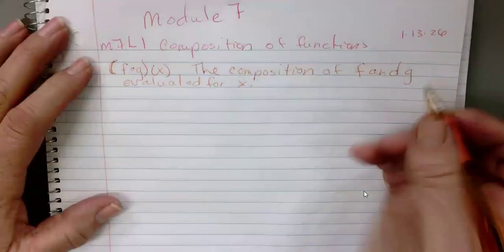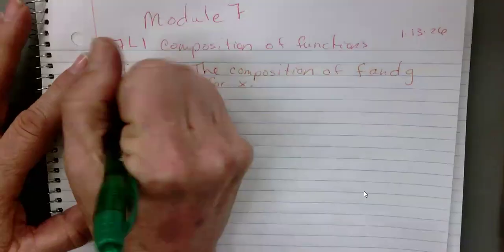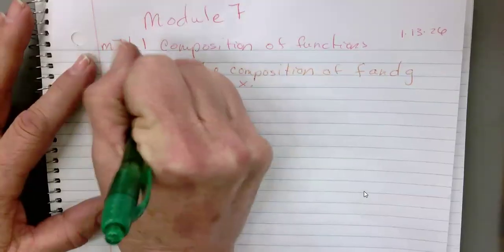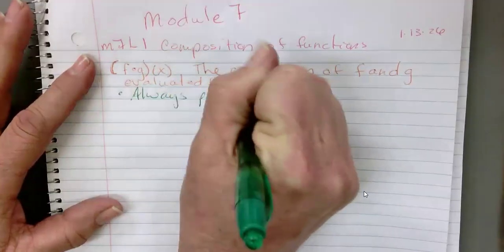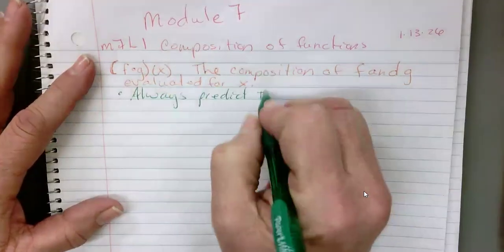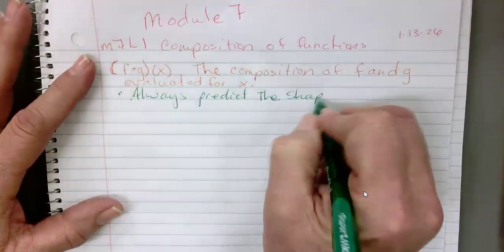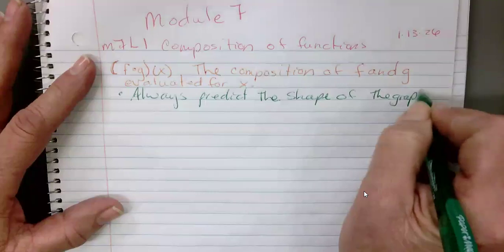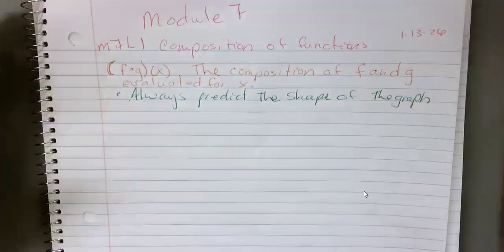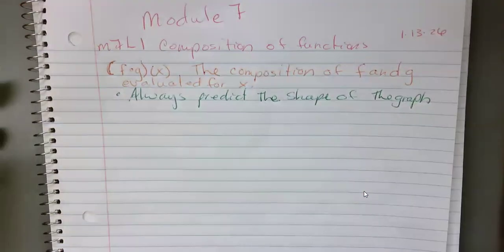All right. A really good step is to always predict the shape of the graph. How can we even do that? How would we know what the graph is unless we did the graph, right?